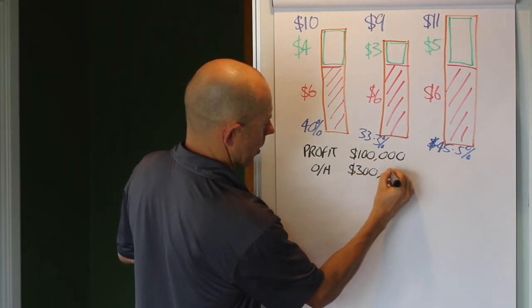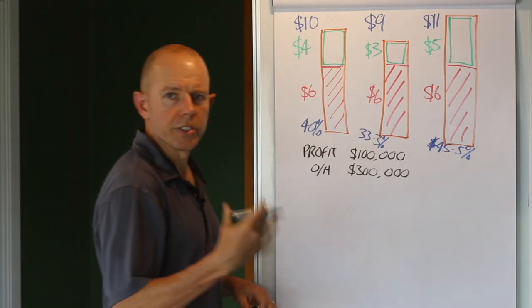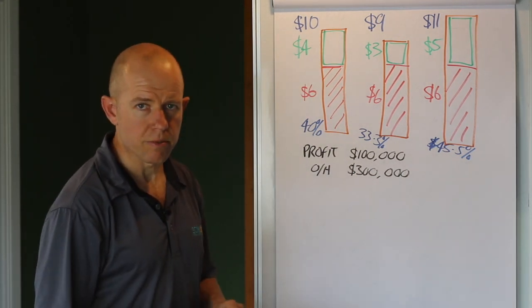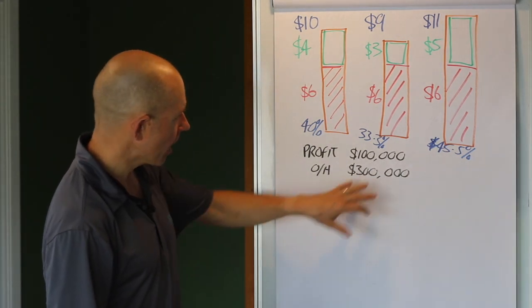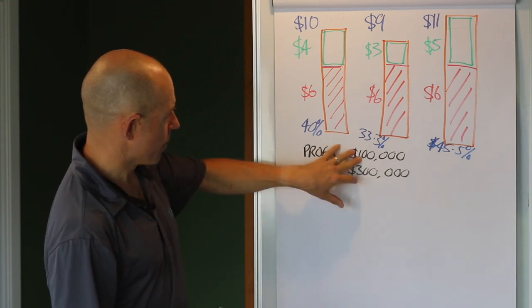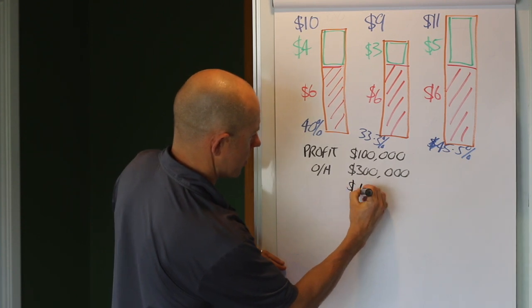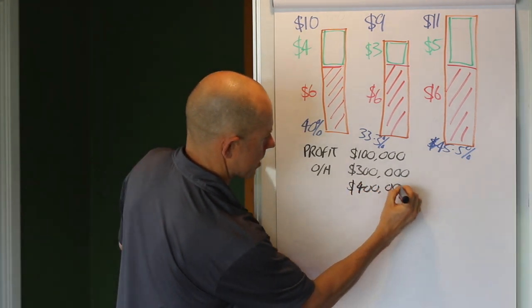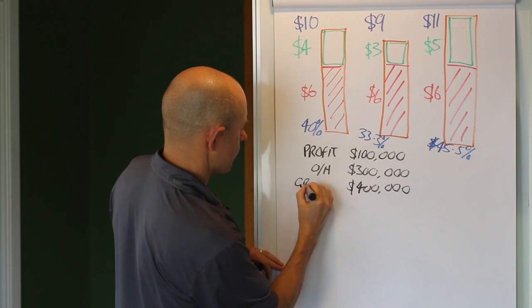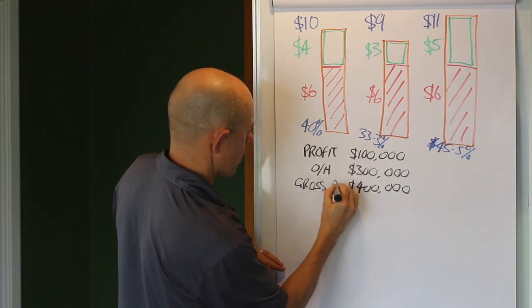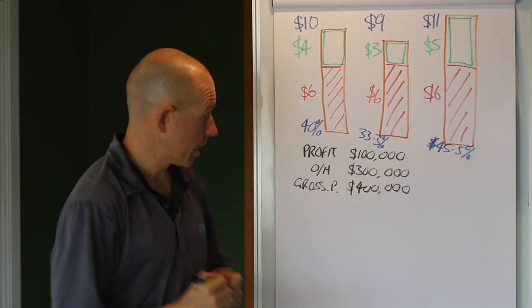That's what it costs to open the doors: the rent, utilities, car expenses, all that sort of stuff. Salaries. So if you add these 2 together, you get $400,000, which represents how much gross profit you need to make in your business.